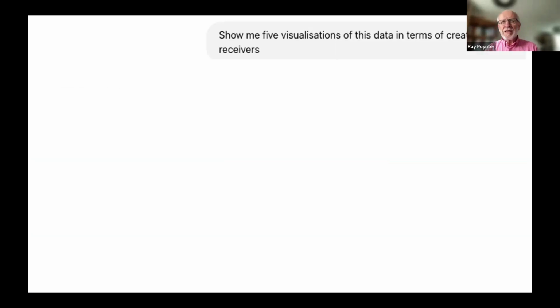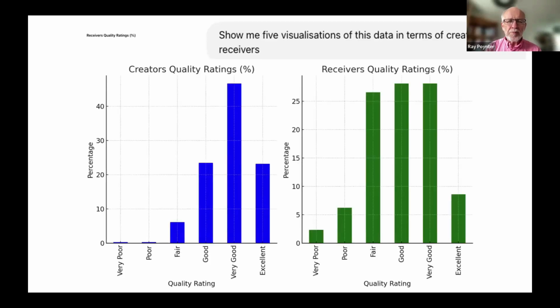We can also use it to help generate our thinking around visualizations of the data. So: show me 5 visualizations of this data in terms of creators versus receivers. And it comes up with some charts here showing that we've got a different shape between the quality rating for the creators, which is quite peaked on very good, and the quality rating of the receivers, which is rather flatter between fair, good, and very good.